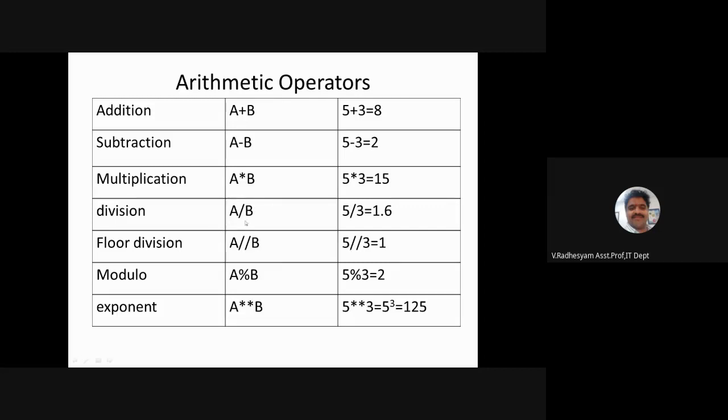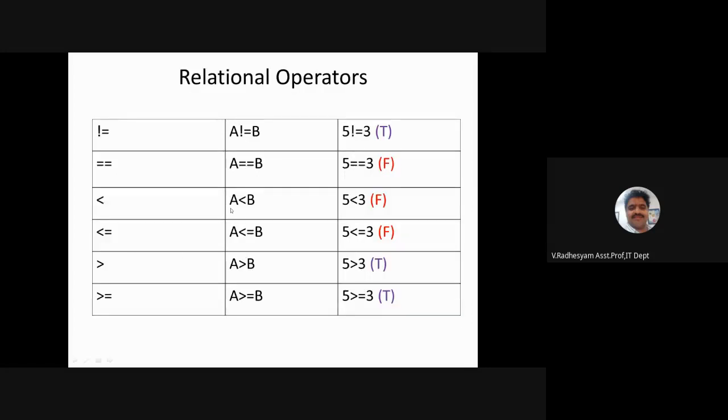Do all these work similarly to C programming? Relational operators, yes sir. But the output follows 0, 1 in the case of C programming. Here it is True, False. That is the difference.